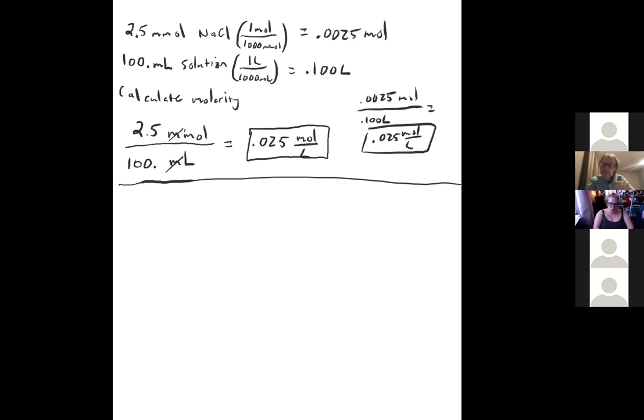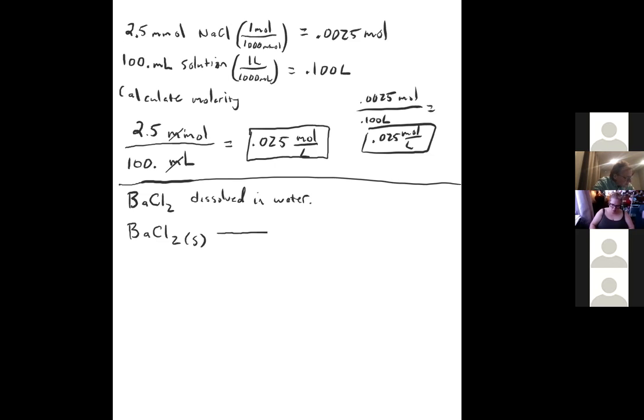Another issue that comes up is that sometimes we want to know not the concentration of the solute, but the concentration of part of the solute. For example, suppose that we take barium chloride dissolved in water. Here's what happens when barium chloride dissolves. Remember, barium is in the second column, so that means it has a charge of +2.